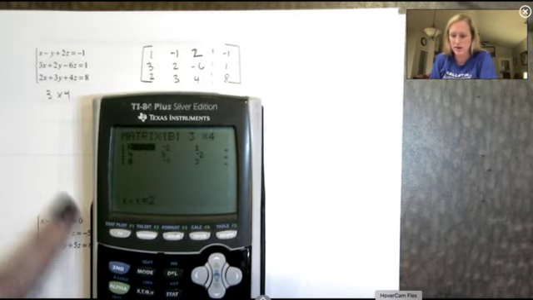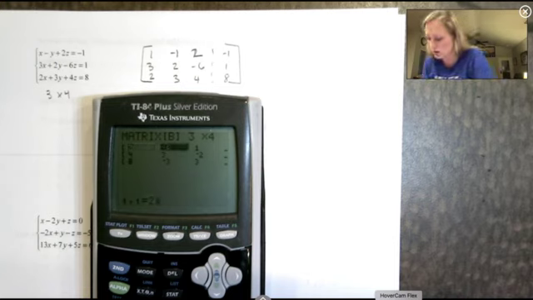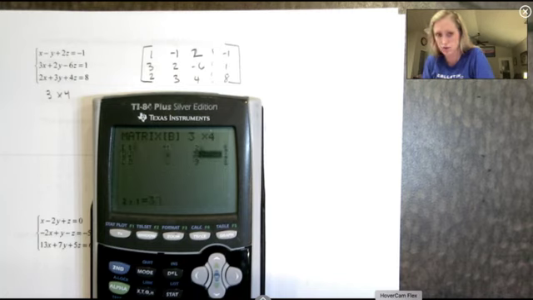All right, so we've got 1, negative 1, 2, negative 1, 3, 2, negative 6, 1, 2, 3, 4, 8. Okay, so I've edited matrix B.